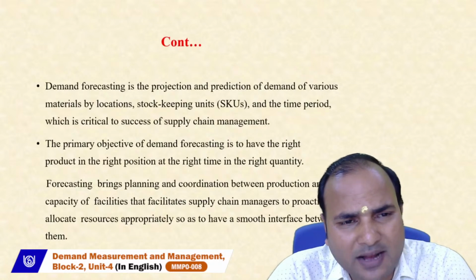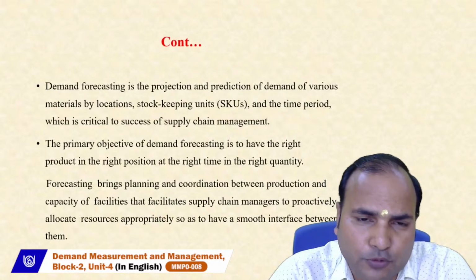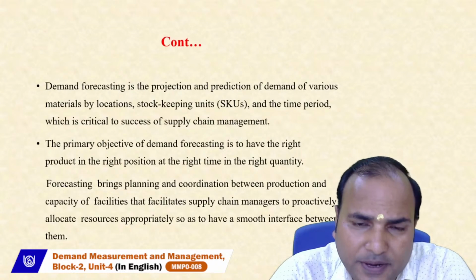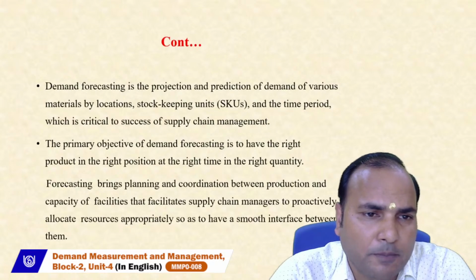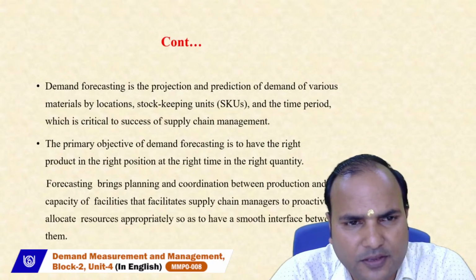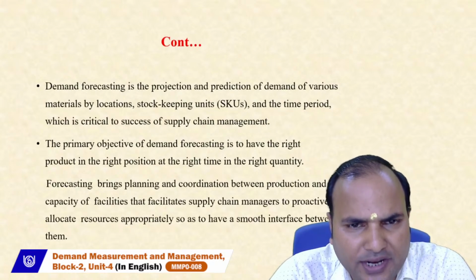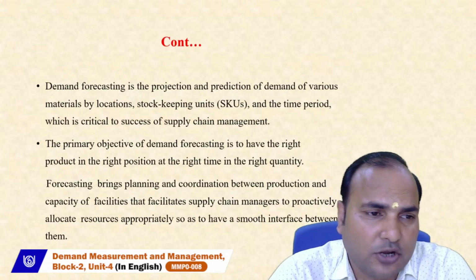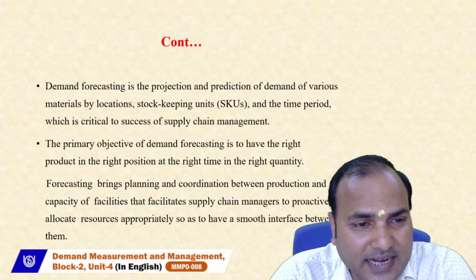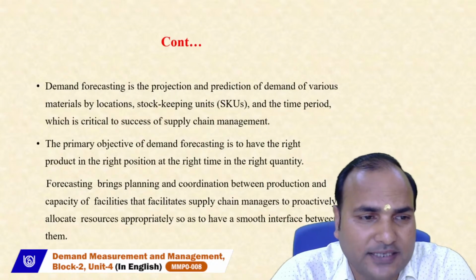Demand forecasting is the projection and prediction of demand of various materials by location, stock keeping units, that is known as SKUs, and the time period, which is critical to the success of supply chain management.